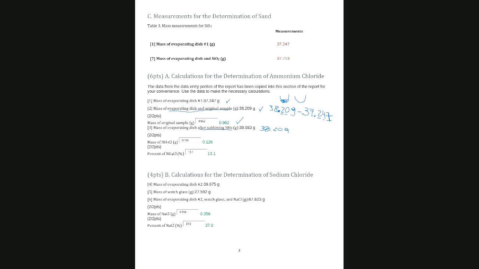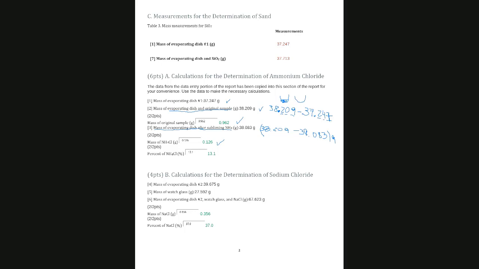So you subtract from that the mass of the evaporating dish after subliming, which is 38.083. When you do that, you get the number 0.126. And you see, I wrote 3 digits after the decimal point.